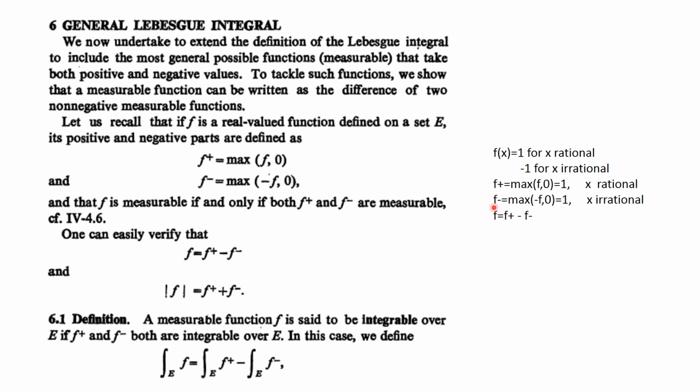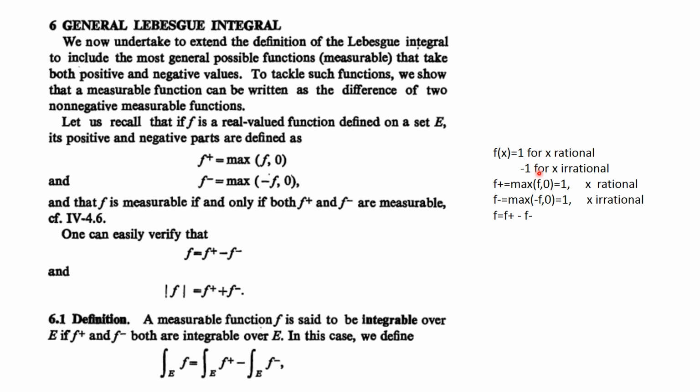Similarly, f negative is nothing but the max of minus f comma 0. When your x is rational, the max of minus 1 comma 0 is 0. So f minus attains value 0 when your x is rational, and it attains value 1 when your x is irrational.